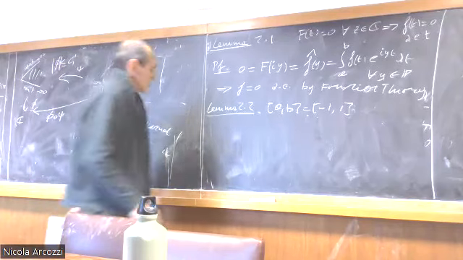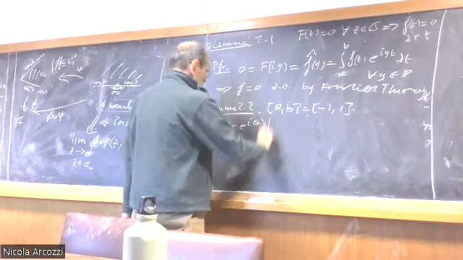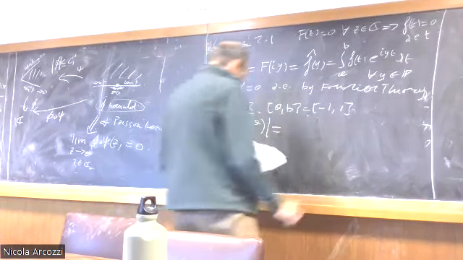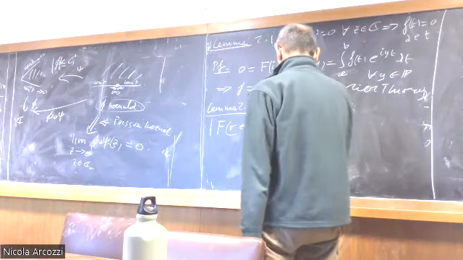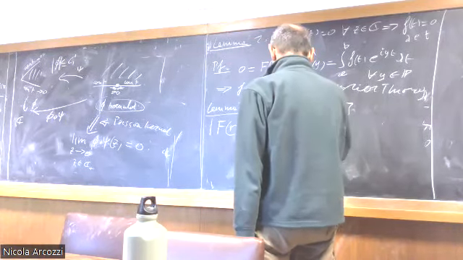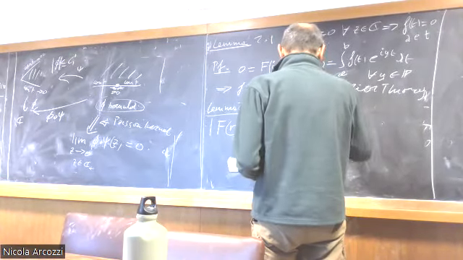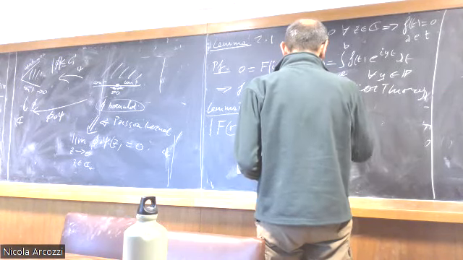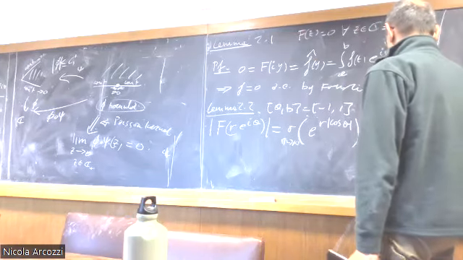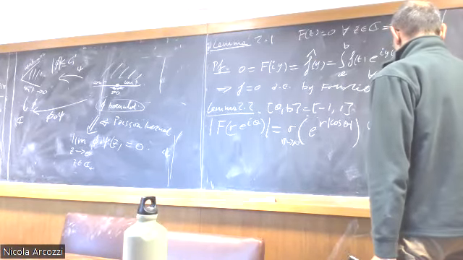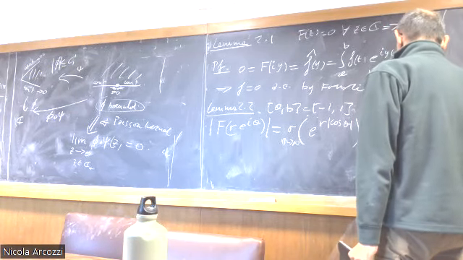It is that the modulus of f of r and theta is a little o, which goes to 0 as r goes to infinity, of e to the r times cosine theta, uniformly with respect to theta.